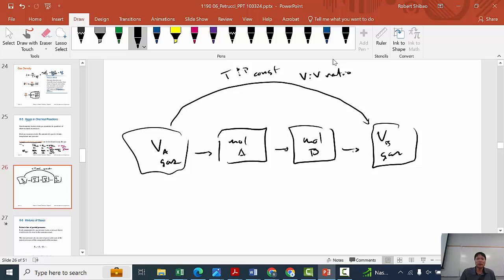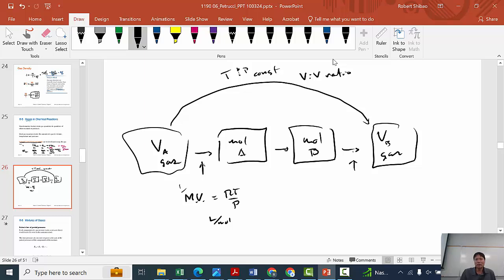If they're different, then we have to do this. If they're different, what I usually do is I use the molar volume. The molar volume is equal to RT over P. So it's a quick calculation here. And this tells us the liters per mole. And so I just flip it over, 1 over the molar volume, and divide by it.